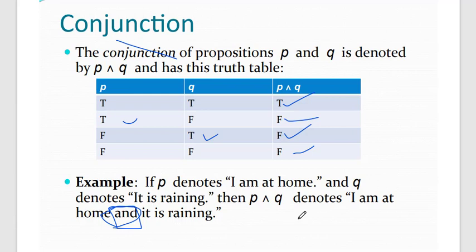What do you mean by and in the English language? And means both are possible. I am at home and it's raining. Both are possible, so then it will become true.